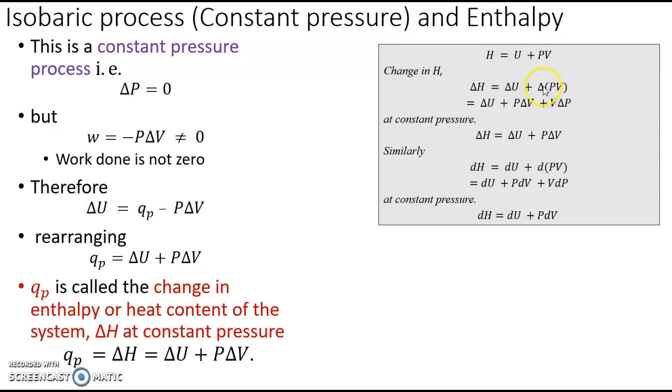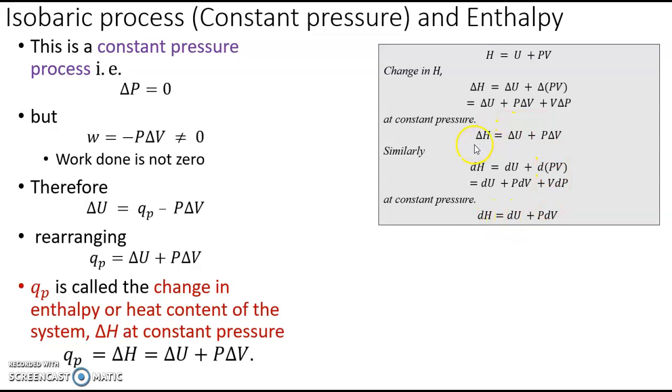From mathematics, we know that the change in a product of two functions means that you keep one of them constant, so keeping P constant and varying V, plus keeping V constant and varying P. So change in H is change in U plus P delta V plus V delta P. At constant pressure, delta P equals 0, so this term goes off, and we have delta H equals delta U plus P delta V. If it's a small change, we can write dH is dU plus P dV.